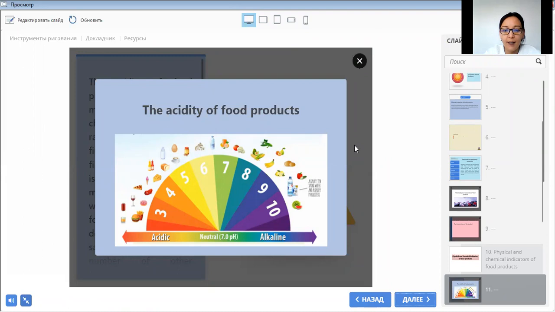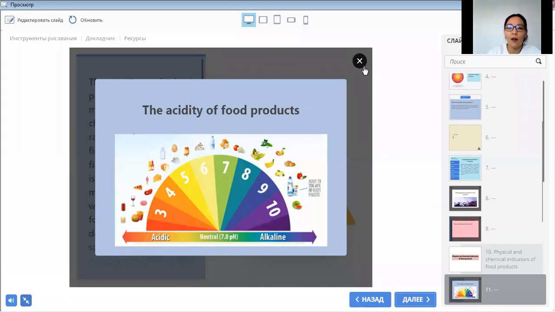This product is acidic. If the point is neutral, pH is 7, this product is a neutral product. And if the point is from 7 till 10, this product is alkaline.